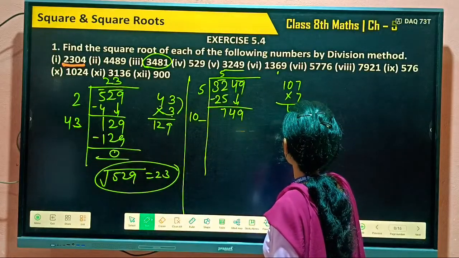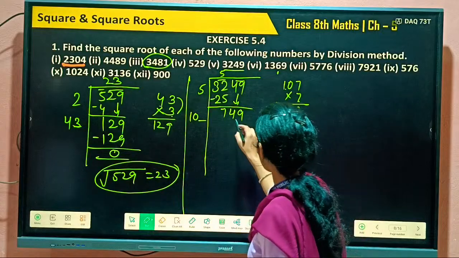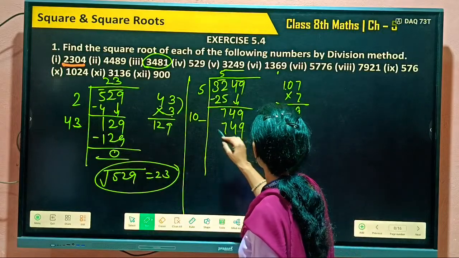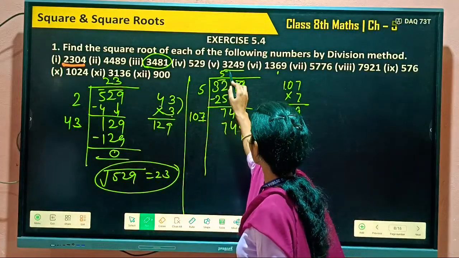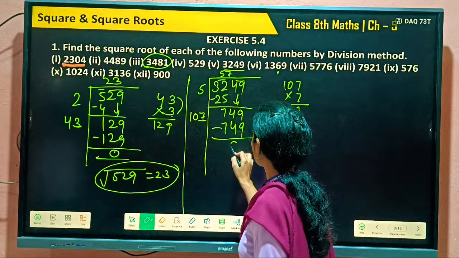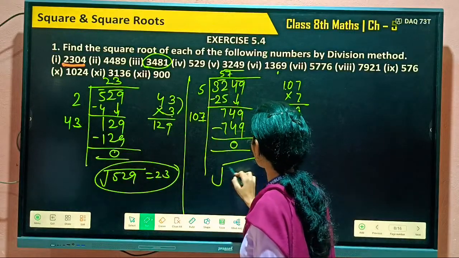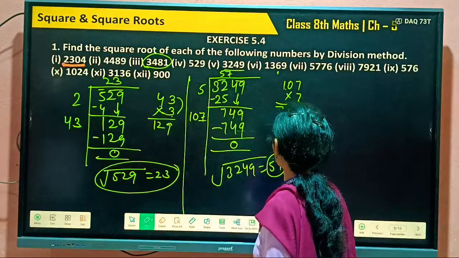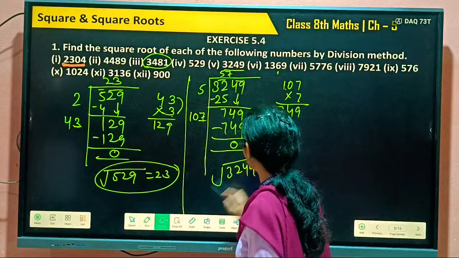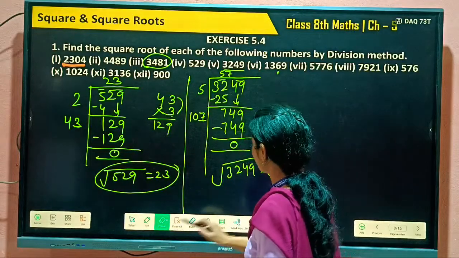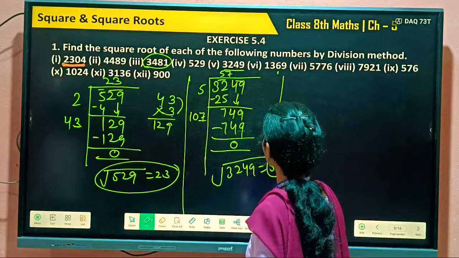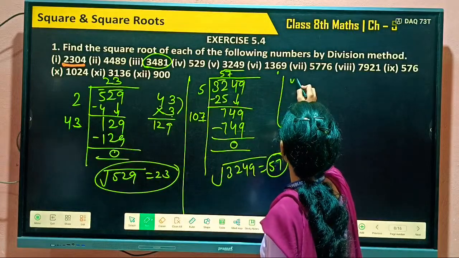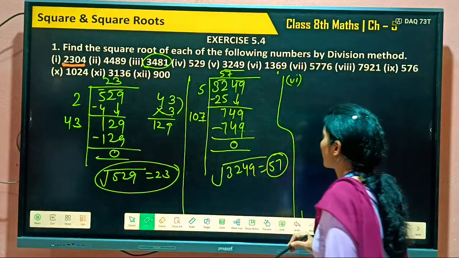We got 749, the multiplication of 107 with 7. Remainder is 0. So what will be the square root of 3249? Its answer is 57. Let us do the next part. Next is the sixth part. What is the sixth part?